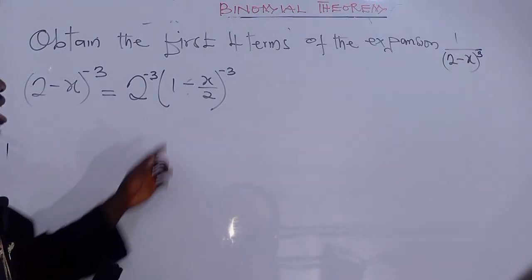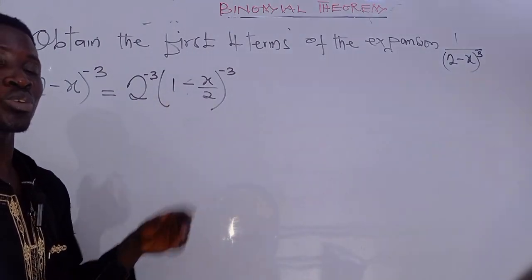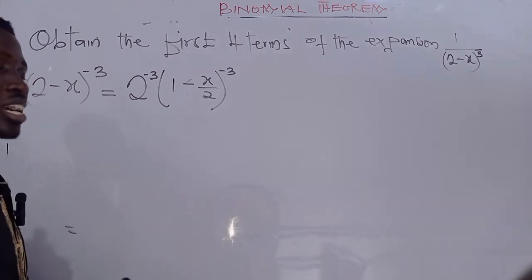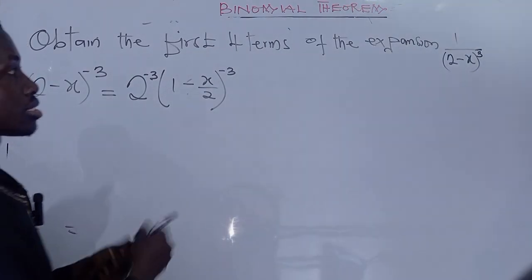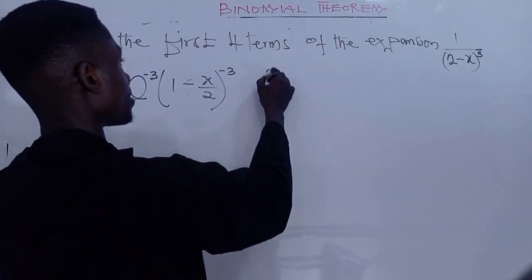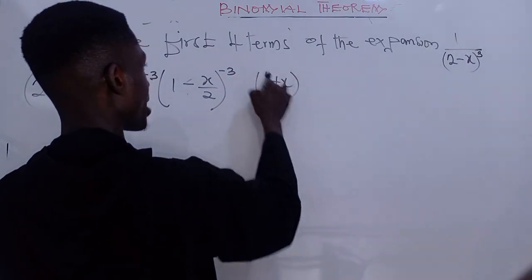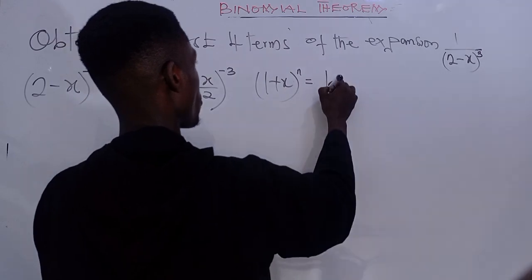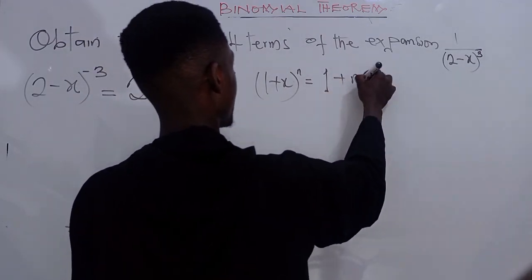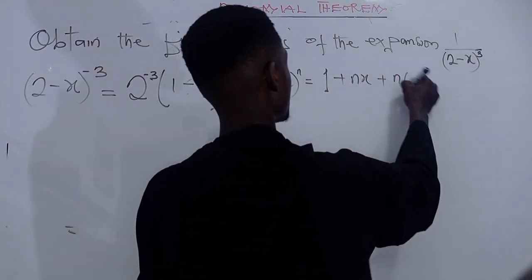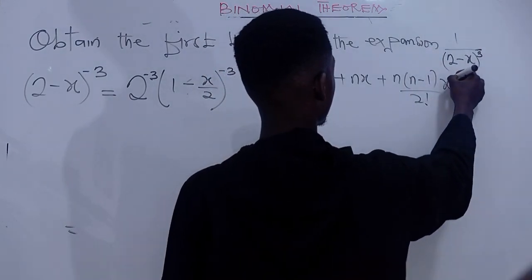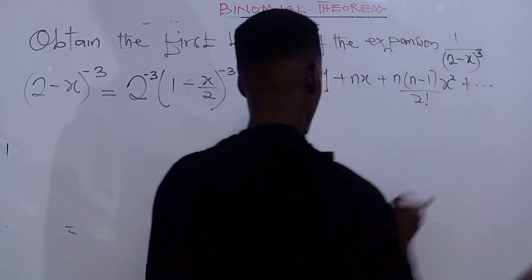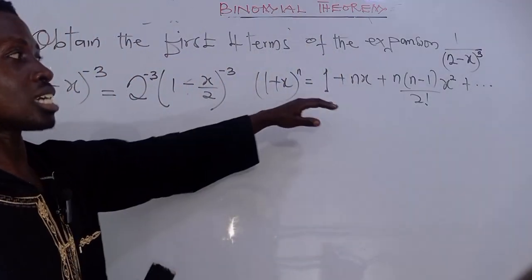So at this juncture, our first term is what? 1. So we can use the binomial theorem for rational index where the first term is 1. With that, the formula is given as (1 plus x) raised to the power n, equals 1 plus nx plus n(n minus 1) over 2 factorial times x squared, and so on. So this is the formula that we want to use.